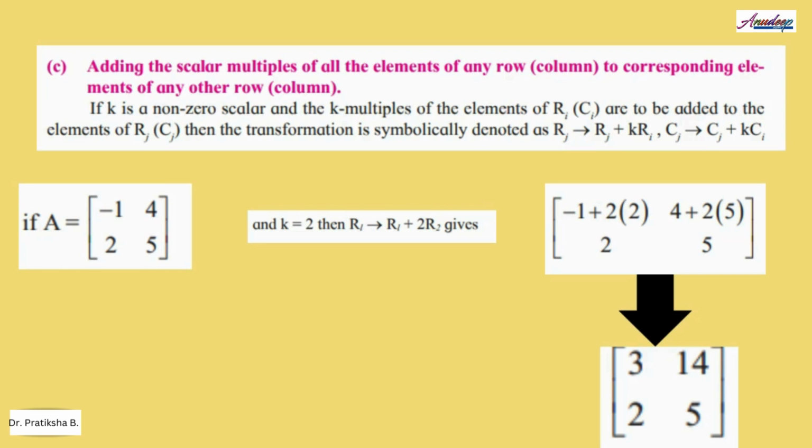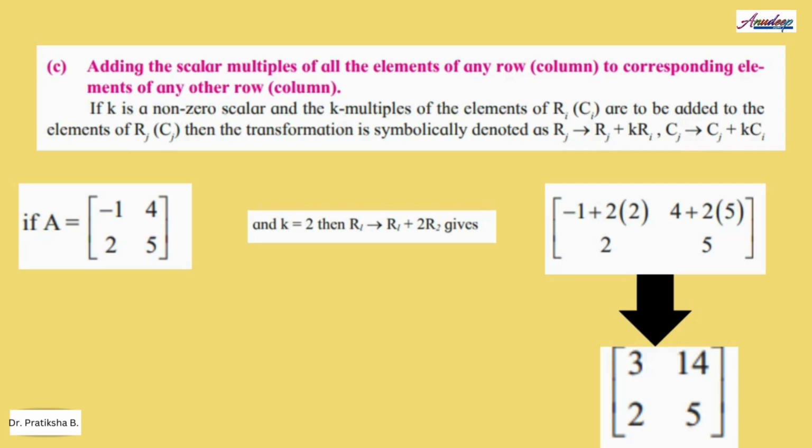So here, what is the element in the R1 position? In the first matrix A, that is minus 1, 4, 2, 5. In row 1, we have minus 1 and 4. So first thing is R1 plus 2 times R2 we have to perform. So R1 elements will remain as they are. Minus 1 is as it is plus 2 times the element in the R2 position, it is 2 times 2.